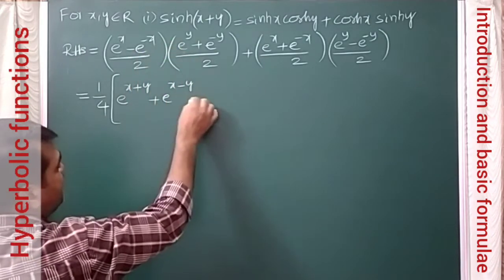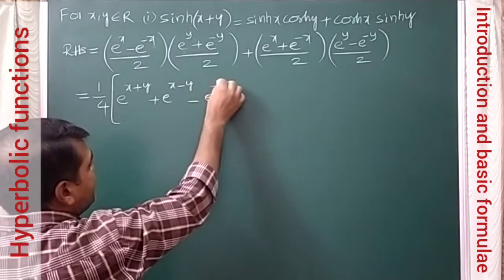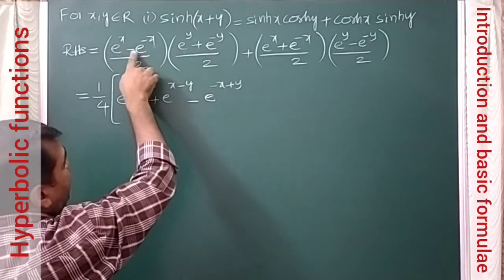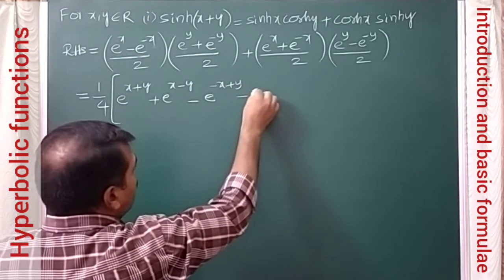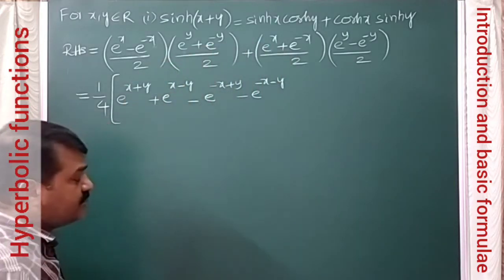Now this one is minus e power minus x plus y. On this one, minus e power minus x multiplied with e power minus y, so minus e power minus x minus y.